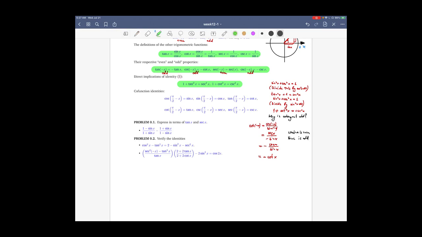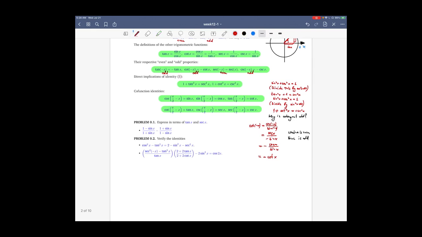Now we get these 6 co-function identities. And let's briefly remind ourselves how we get them.